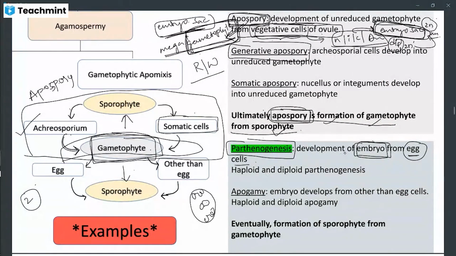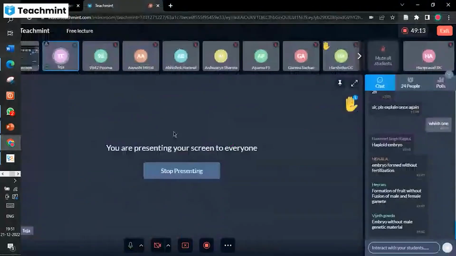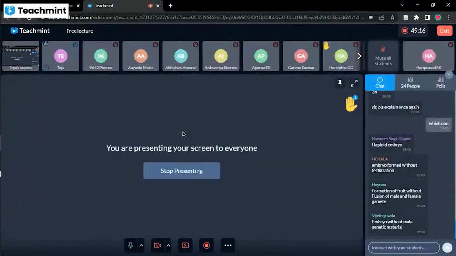And in sexual reproduction, how does the embryo form?